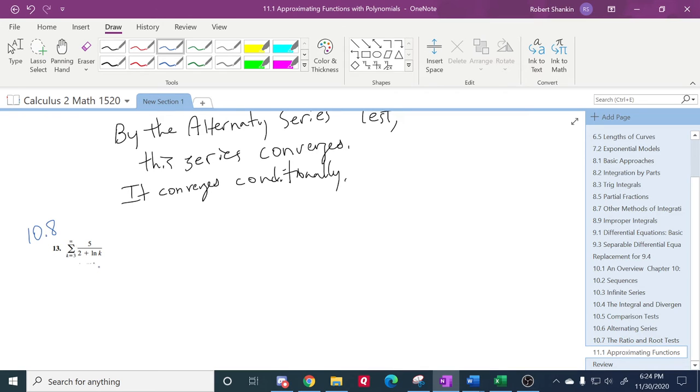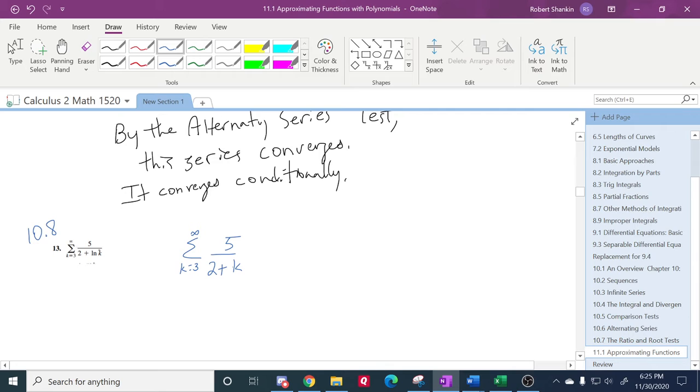All right, so this one, I know it diverges because if you replace this with something larger than this, it still diverges.